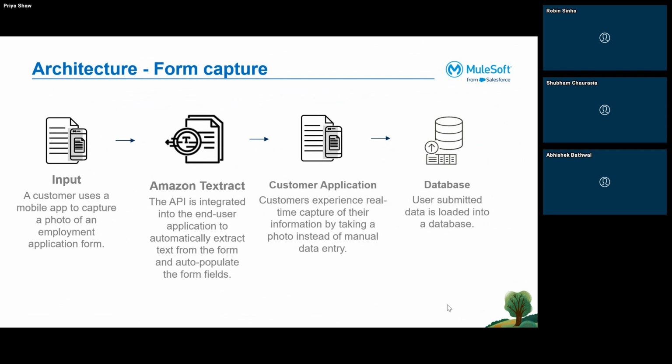The Textract service fetches that document and extracts the text, basically the form details from the form fields. And it populates the application. Customers experience real-time capture of their information by just taking a photo instead of manual entry. If we had gone by the earlier ways, we would have had to manually enter those details in the application. But now the API fetches all the details and stores them in the database.